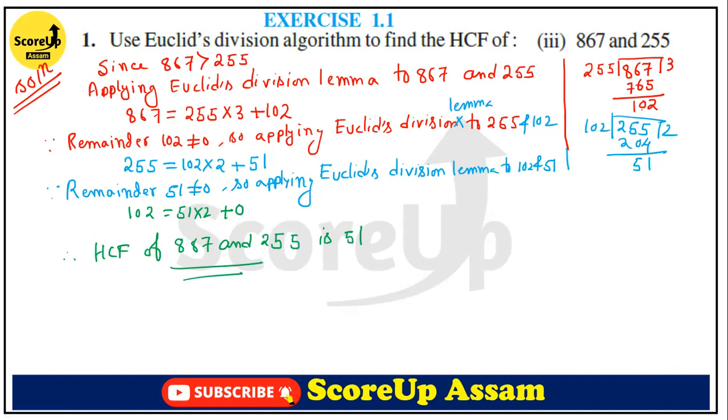Therefore the HCF is 51. Since the remainder is equal to 0, therefore the HCF of 867 and 255 is 51.